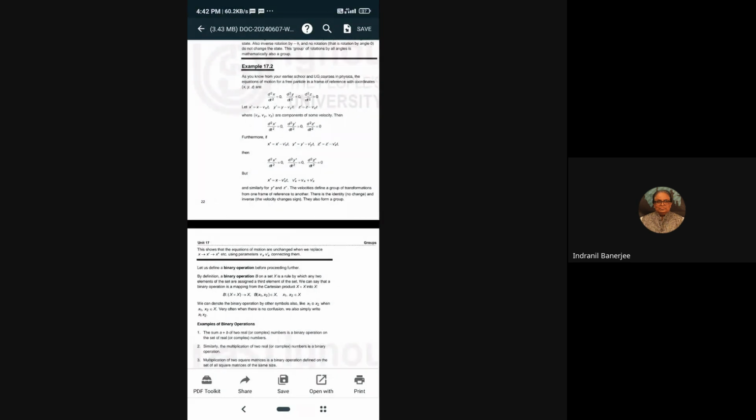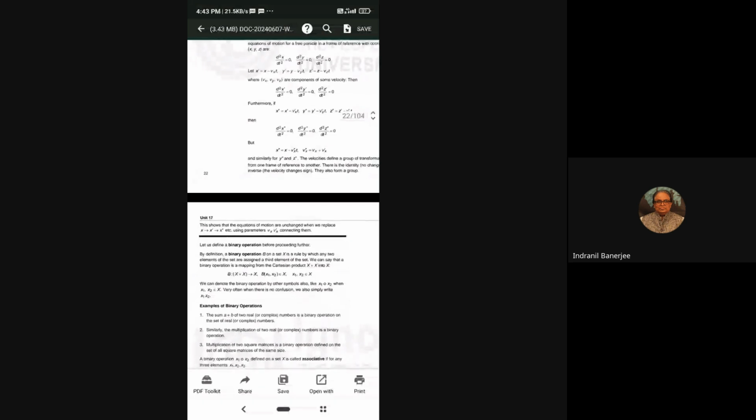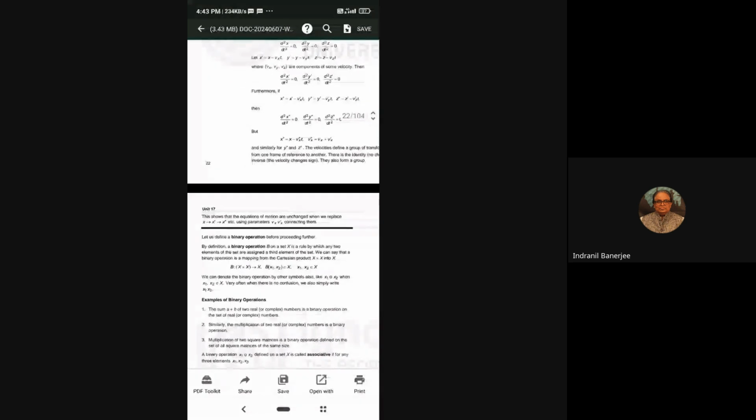Let us have a binary operation. A binary operation B on a set X is a rule by which any two elements of the set are assigned a third element of the set X. We can say that a binary operation is a mapping from the Cartesian product X × X into X. We can denote the binary operation by other symbols as shown in the screen.